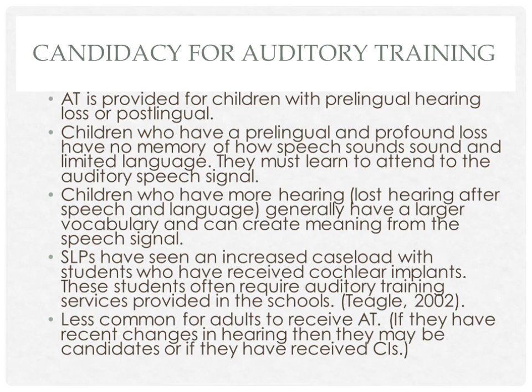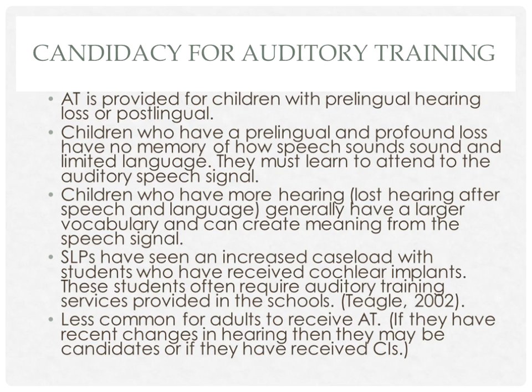For adults, we often see that they will be fitted with cochlear implants or with hearing aids following a severe, sudden hearing loss. And those are the adults who typically are candidates for auditory training.